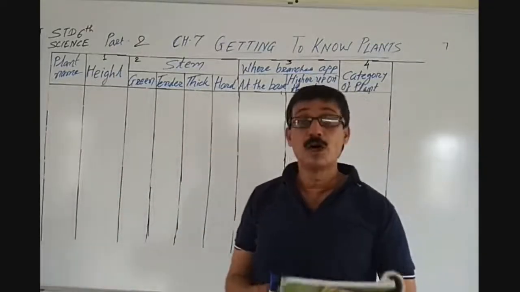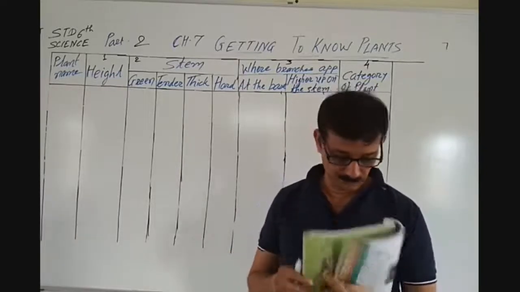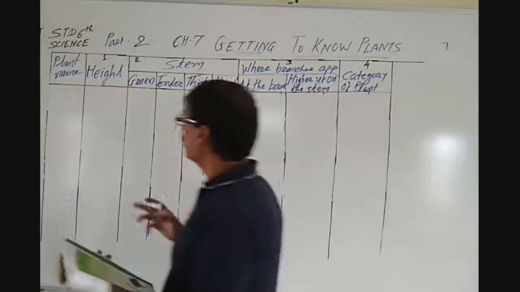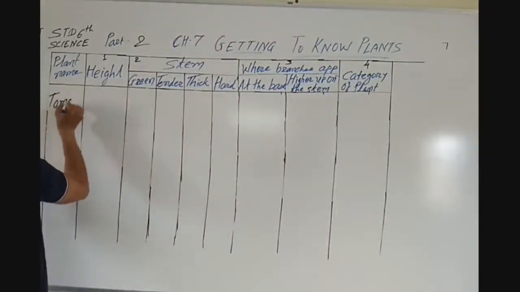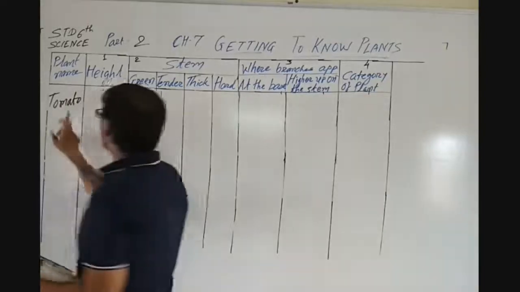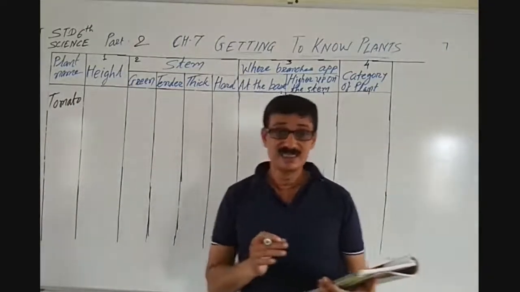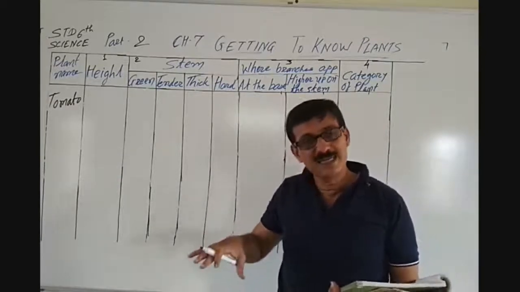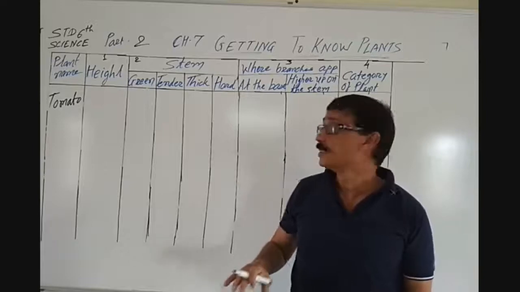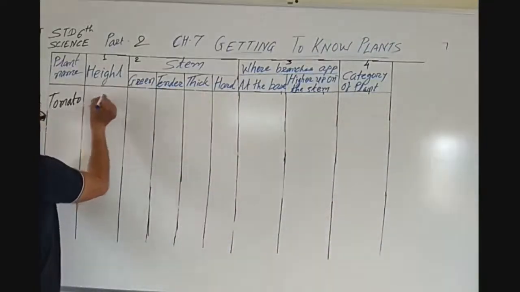So in your textbook, the first plant is tomato. Have you ever seen the plant of tomato? It used to be very small.